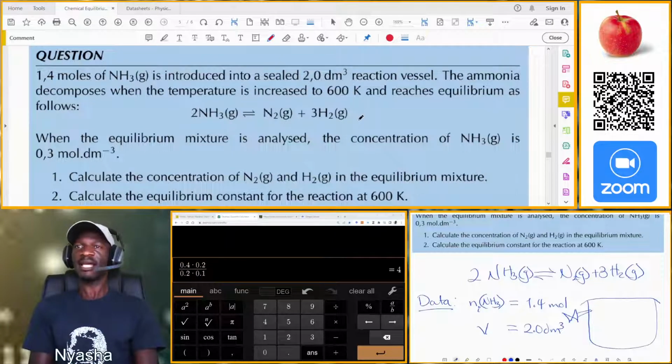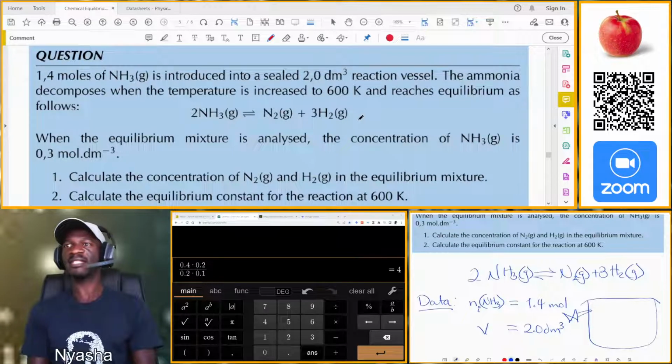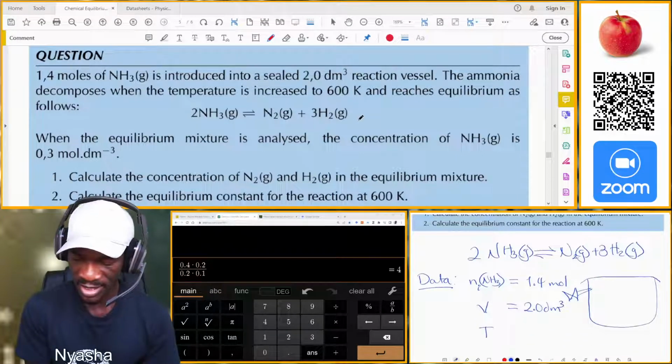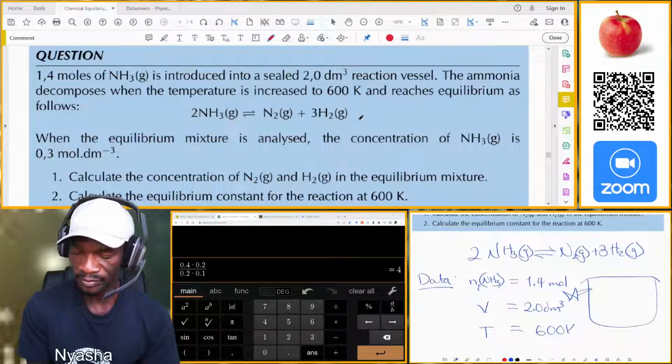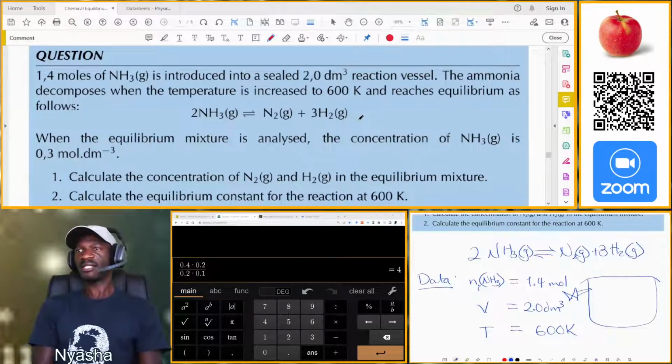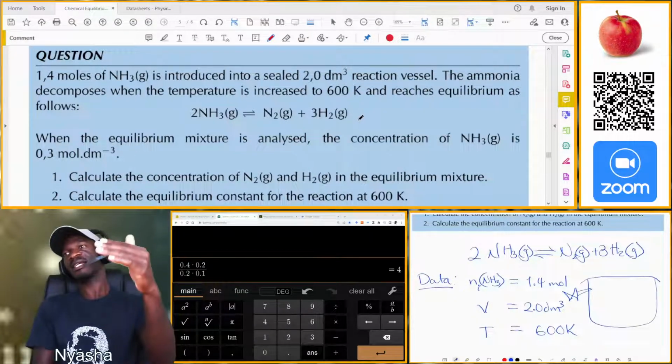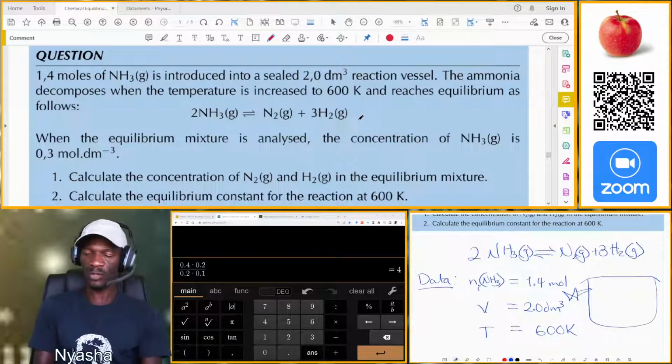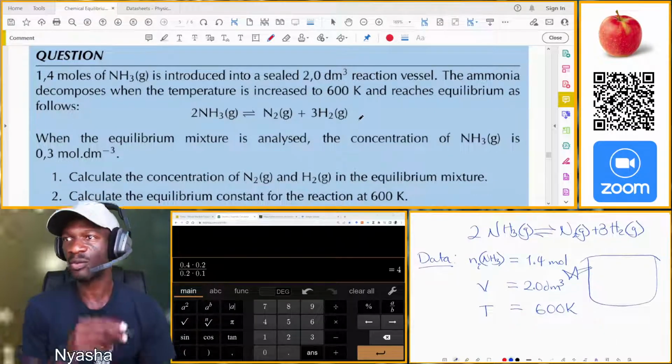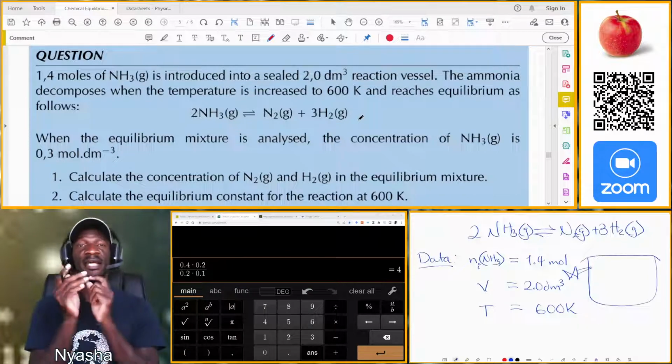Next, the ammonia decomposes when the temperature is increased to 600 Kelvin, and reaches equilibrium according to the reaction. We've already written it and checked that it's balanced.